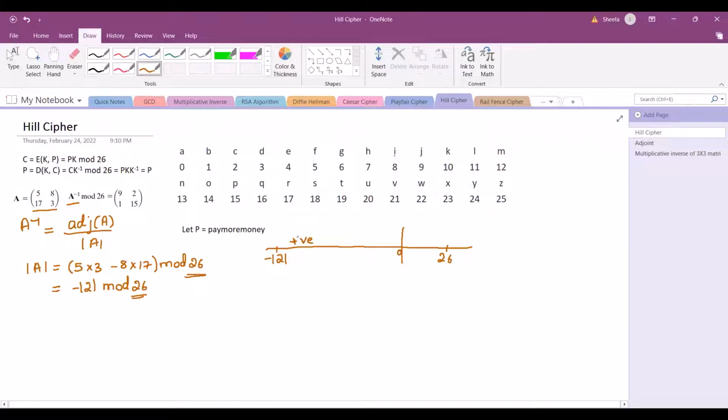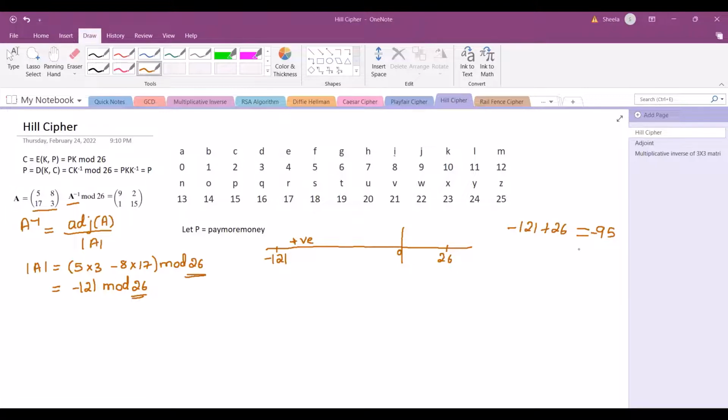When we perform the addition, minus 121 plus 26, we get minus 95.